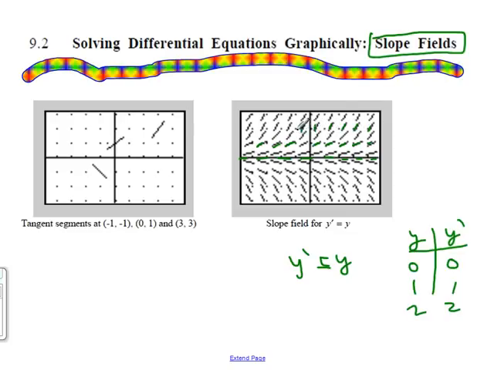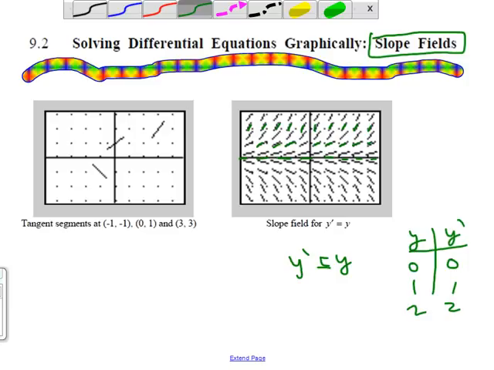The slope field is kind of like a magnetic field, if you've done any work with magnetism. But the idea of the slope field is that there are an infinite number of solutions to this differential equation.